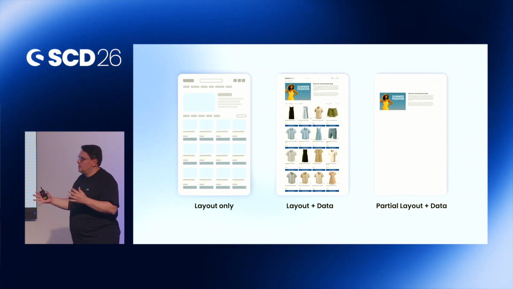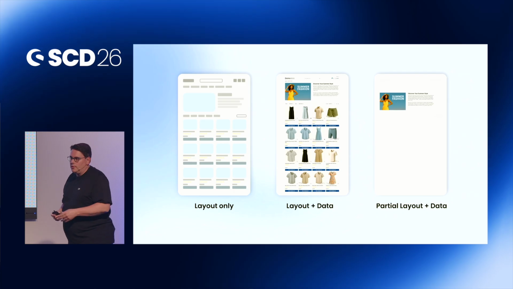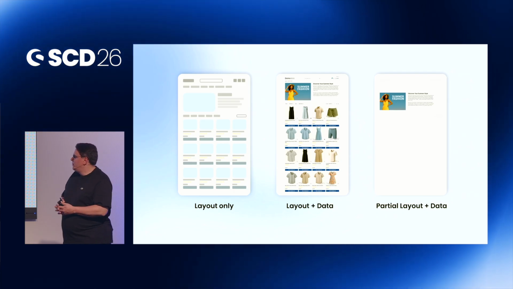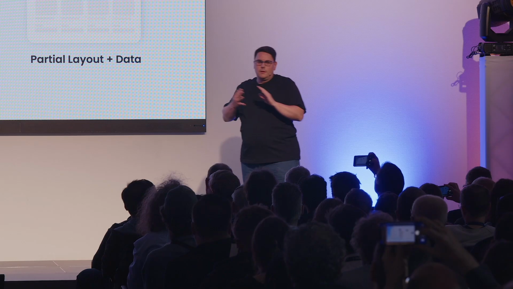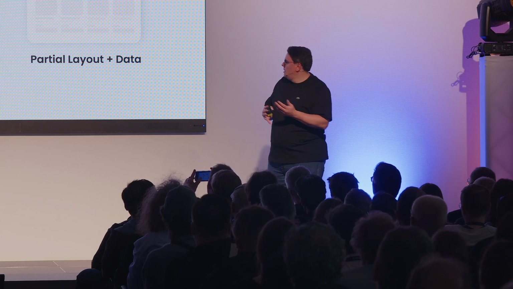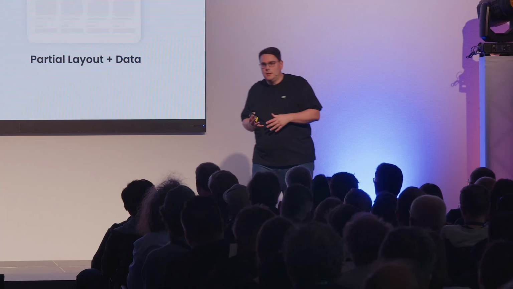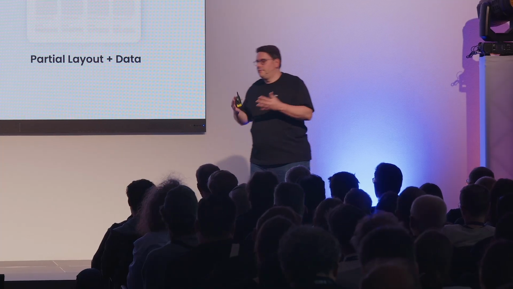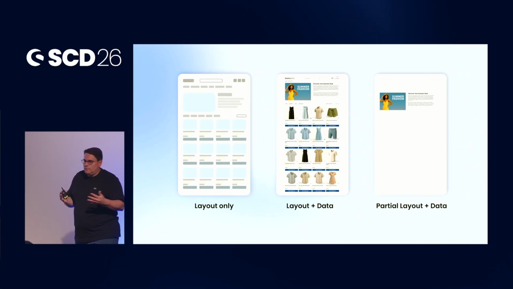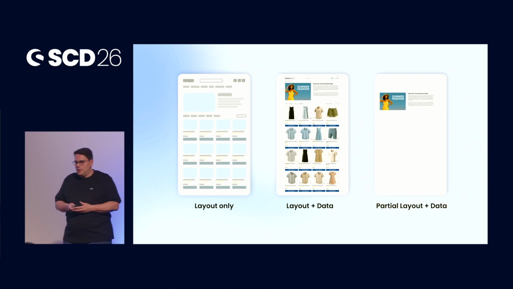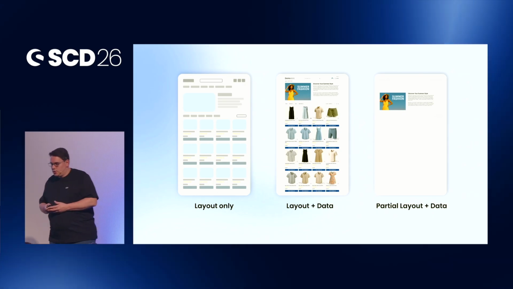We have different kinds of loading modes. You can load, for example, the layout only. You can load the layout with data. You can also fetch only partial parts of the layout and data, so that you can have different kinds of caching strategies, and different ways of loading the content of a page.